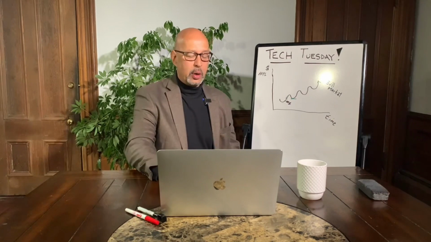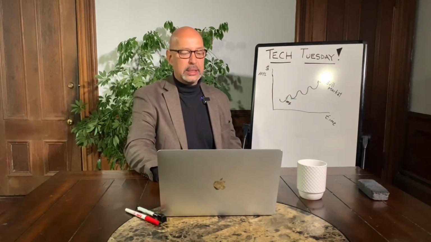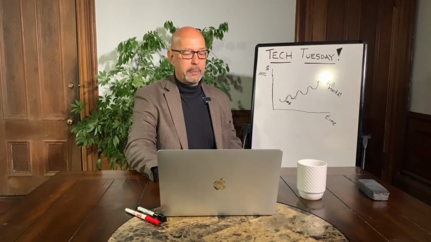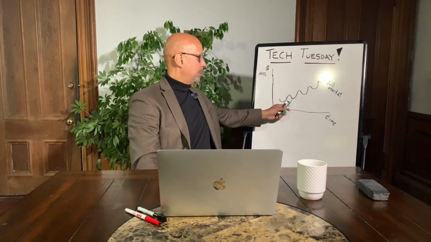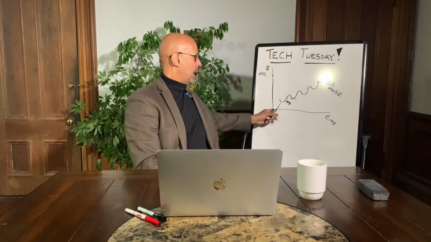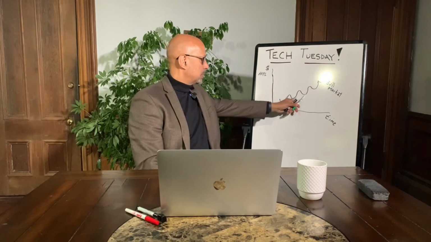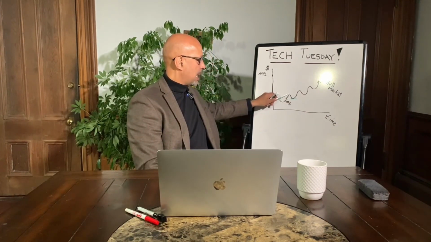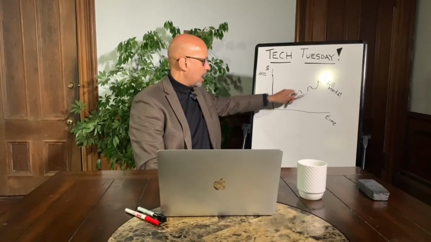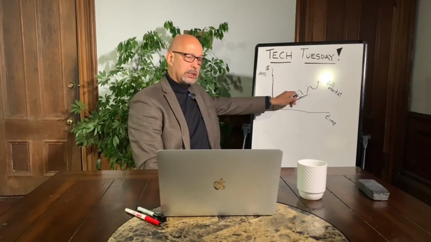Then once the public gets over their fear, they start participating, they come into the market. And so what you see is that we have higher lows. So this is a low, this is a higher low, a higher low, a higher low. And then you also have higher highs. But what's really important is these higher lows, okay?